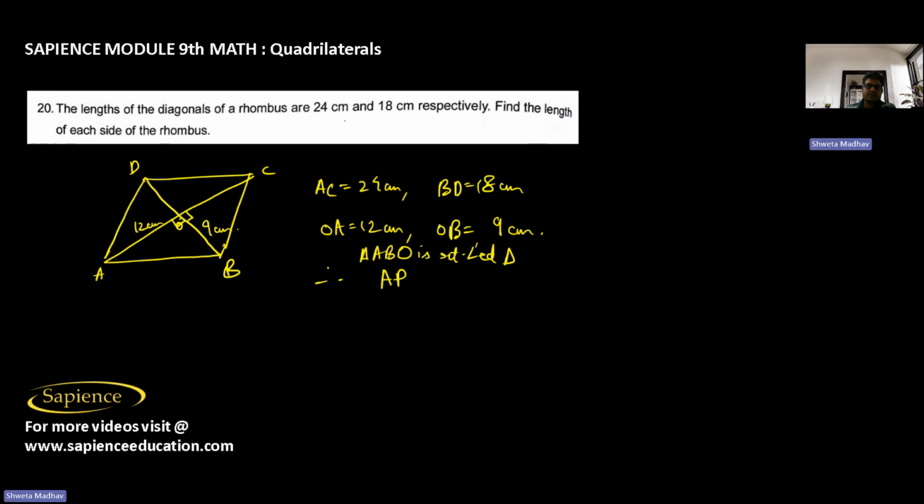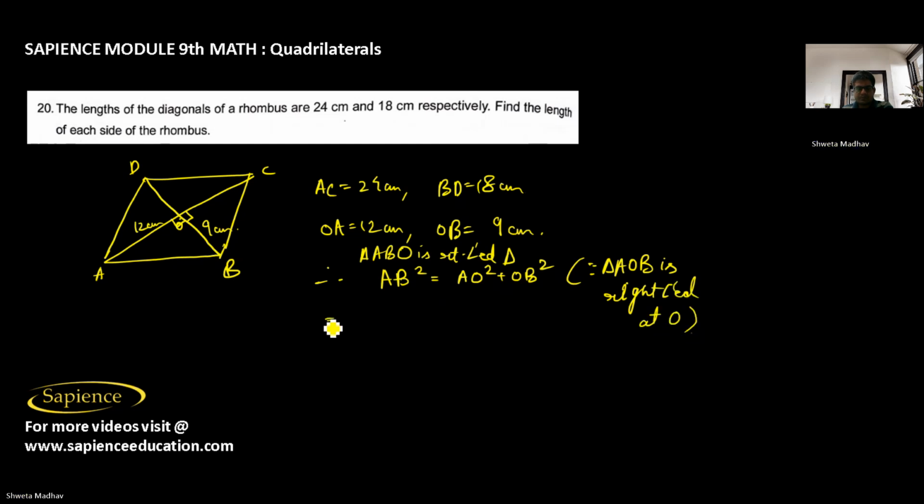Triangle AOB is a right angle triangle, right angled at O. Therefore, AB square will be equal to AO square plus OB square, which is 12 square plus 9 square.